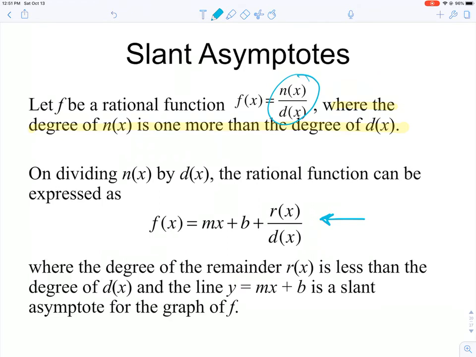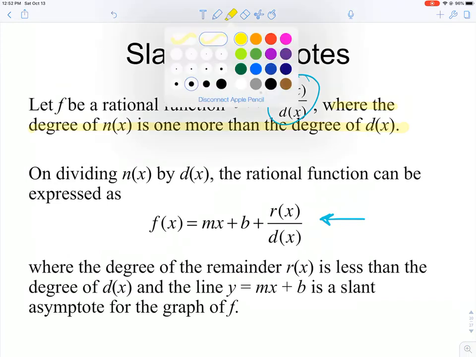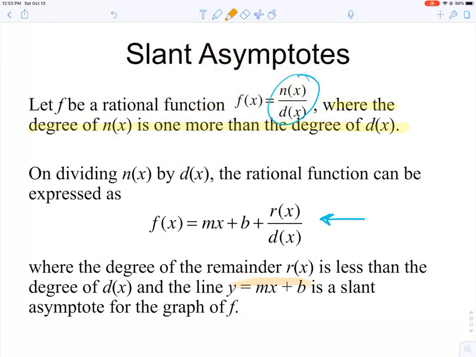If there's no remainder, then you just get mx plus b. The degree of the remainder, r of x, is less than the degree of the denominator. We've talked about that before when we did polynomial long division. The equation of your slant asymptote will be just y equals mx plus b.